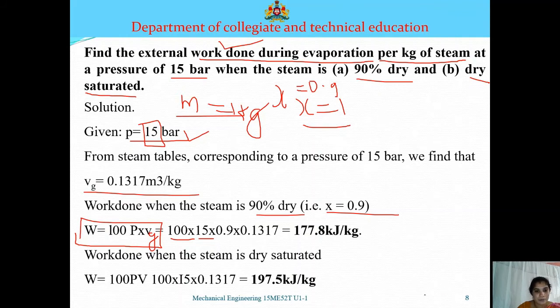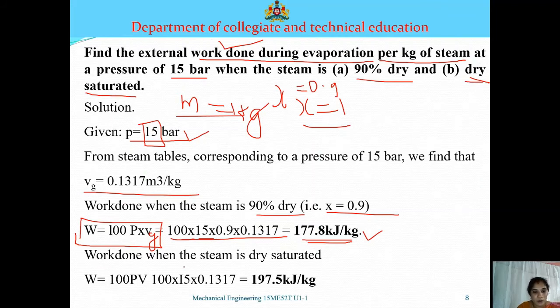If you multiply all these values, you will get the answer. Since they have asked per kg, the unit will be kilojoules per kg. So it is 177.8 kilojoules per kg. That is the answer.